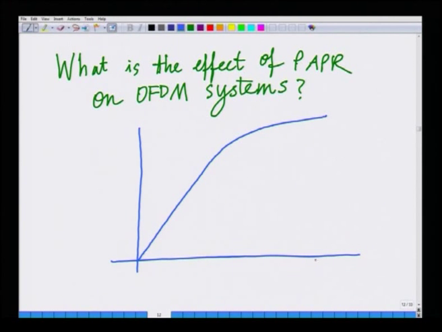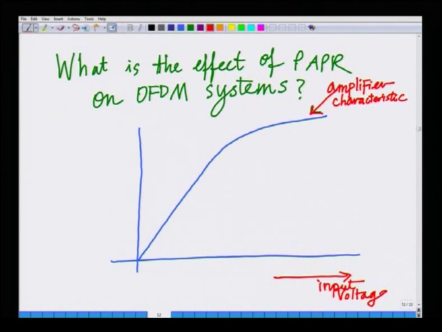So, this is the amplifier characteristic, this is the input voltage, and this is the output voltage.